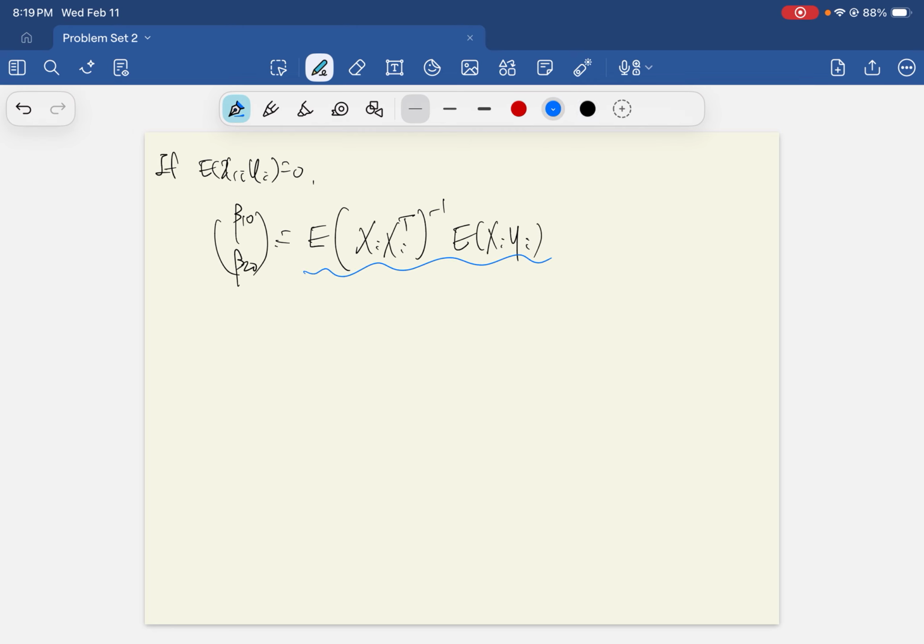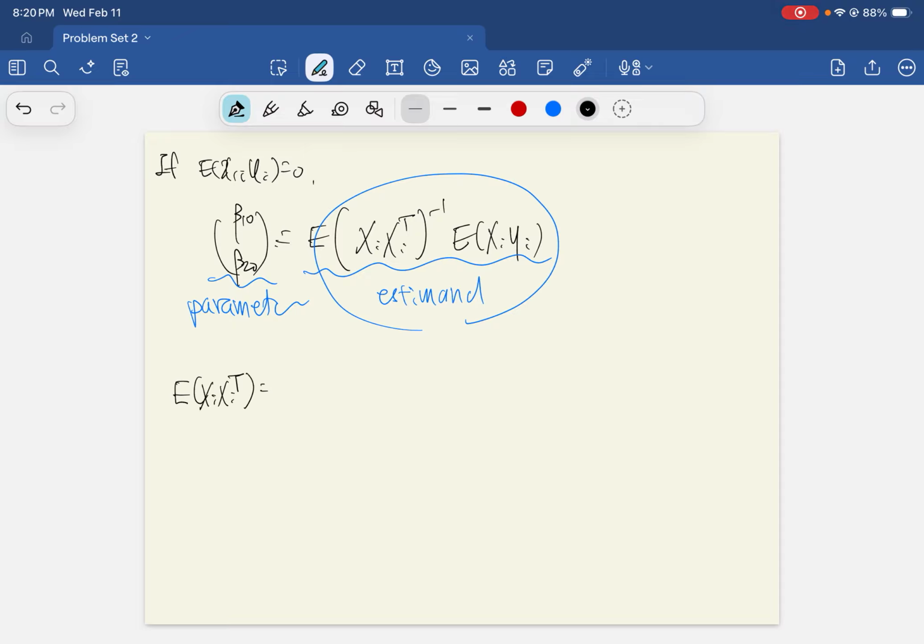Again, this is the estimand, and this is your parameter. I am going to recalculate this part. To do that, let me do some algebra.